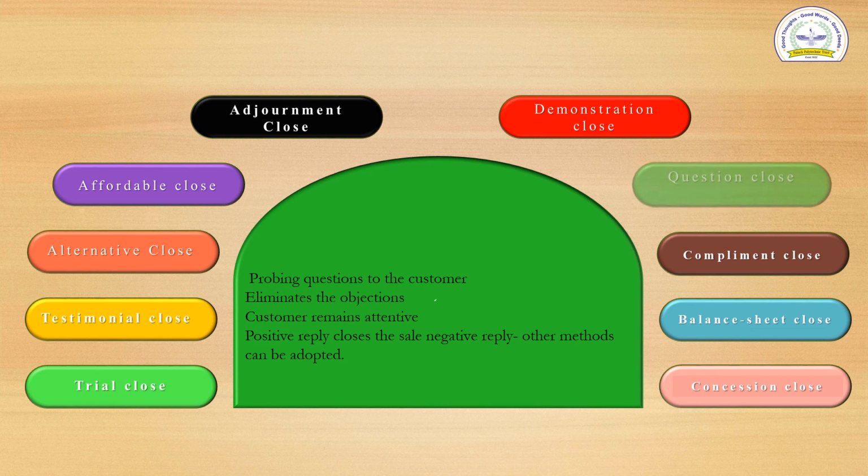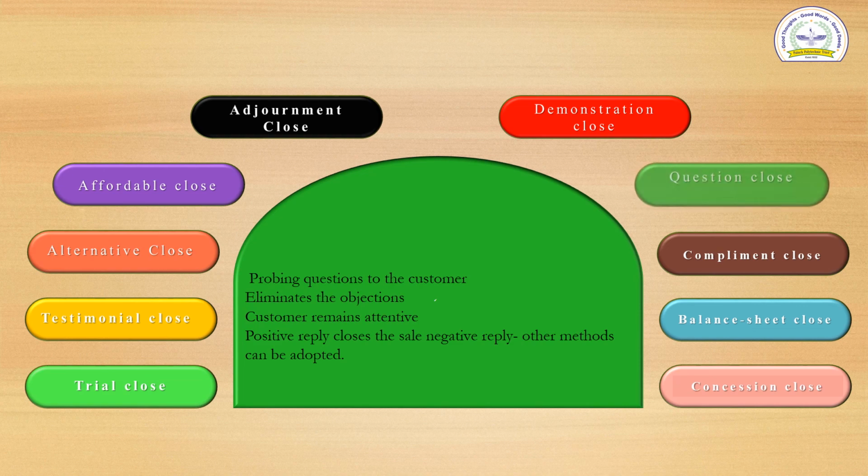For example, "Don't you think this product will solve your problem?" If the customer says yes, the close takes place, and if he says no, other methods can be adopted or other questions can be asked. A positive reply closes the sale, and in case of a negative reply, other methods can be adopted.